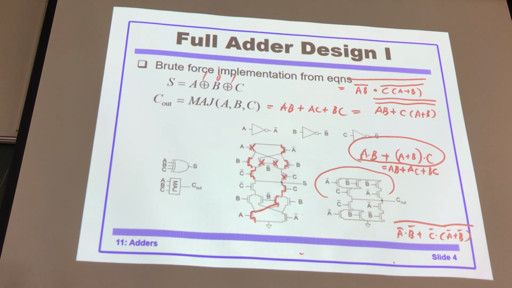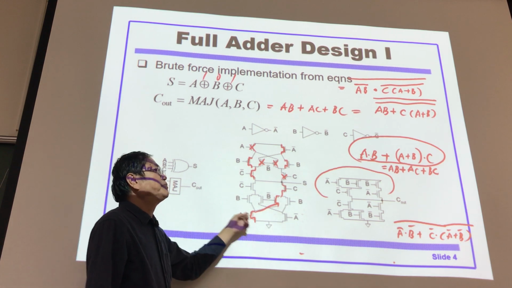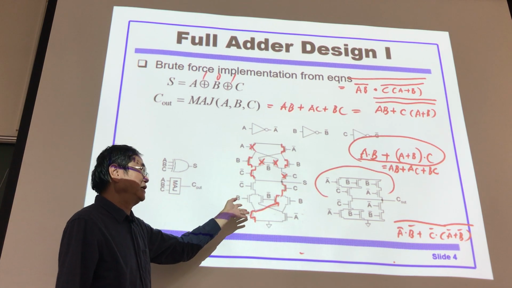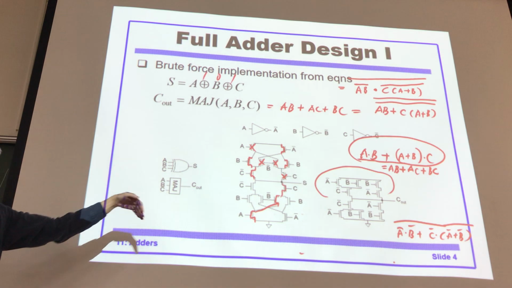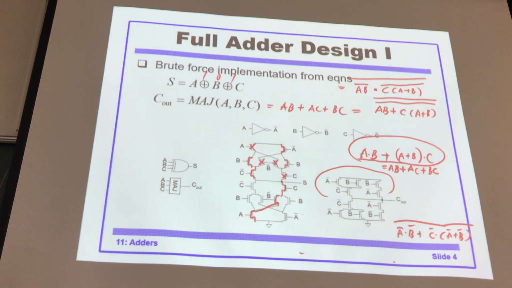You can derive exactly 1 unique output based on the majority gate. Okay. Actually, this is a very popular circuit design for the majority gate. Not only for 3 inputs, it can also be used for more than 3 inputs.